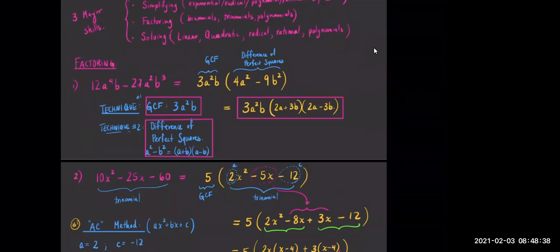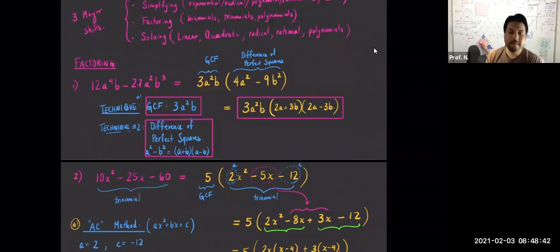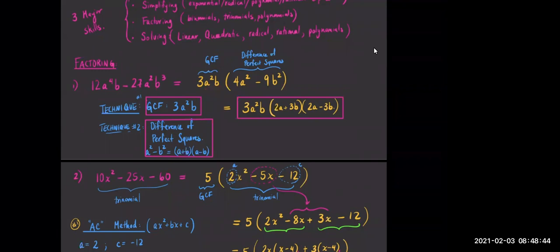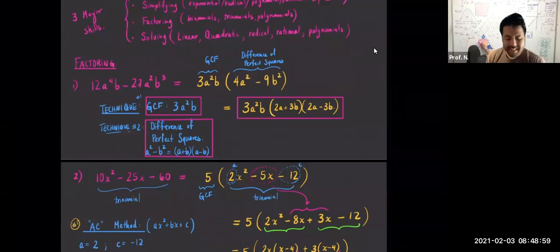How you did the first part, 12a to the fourth b, is correct, but the second part should be 3 times 9, which is already 27. A squared is correct, and b times b squared is b to the third. So that's right, right?